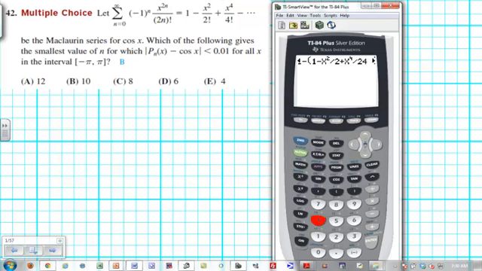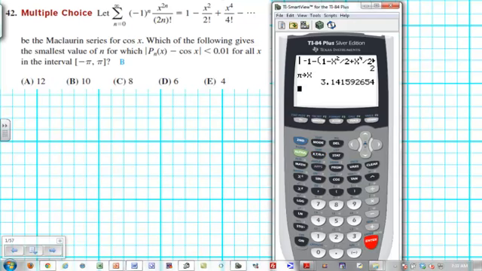Now, there's one thing I forgot to do before I typed all that in. I forgot to put pi and store it into x. So whenever I do this expression, it's using pi for x.